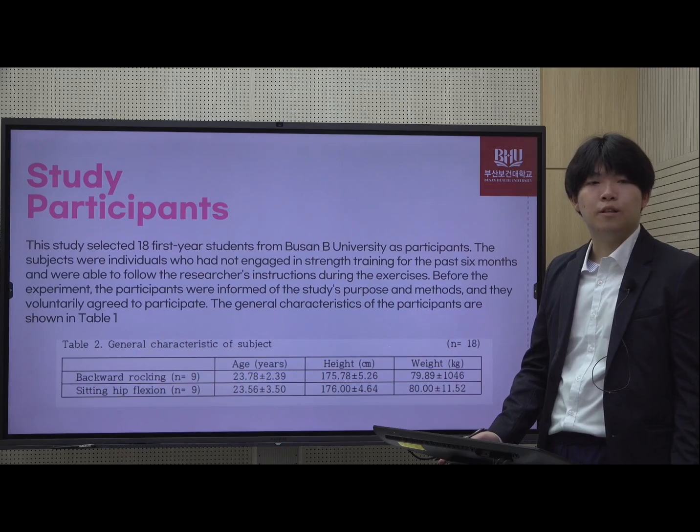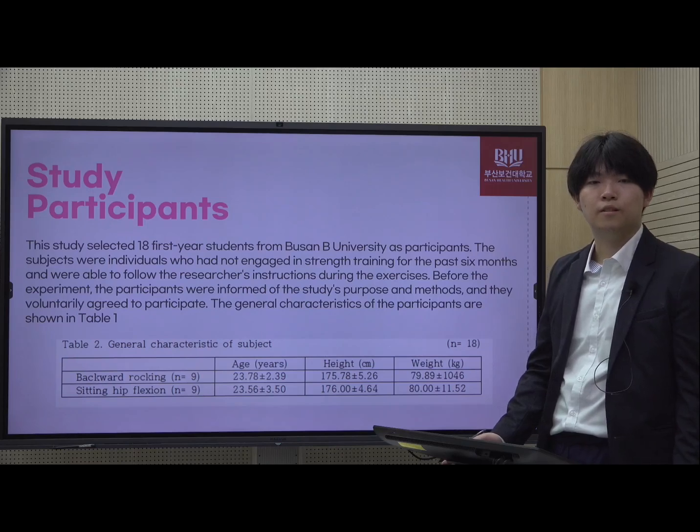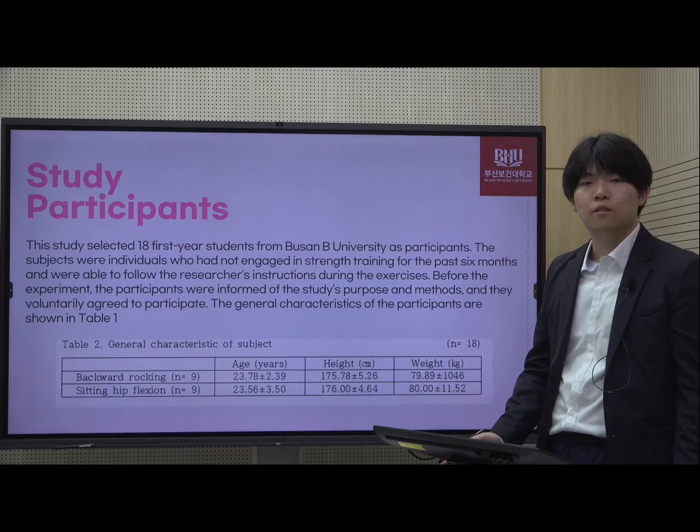Before the experiments, the participants were informed of the study purpose and method, and they voluntarily agreed to participate. The general characteristics of the participants are shown in Table 1.